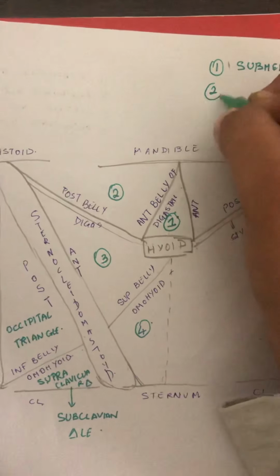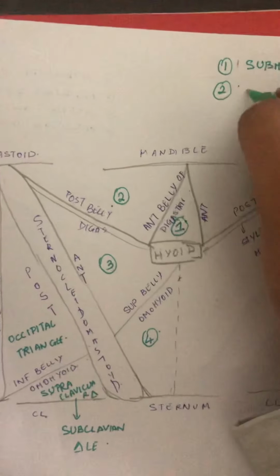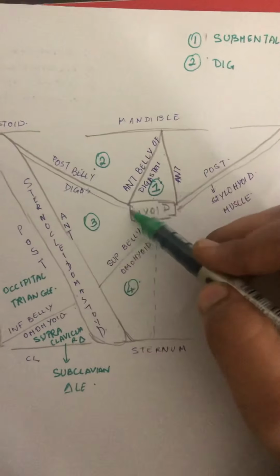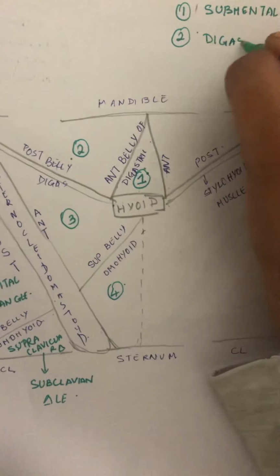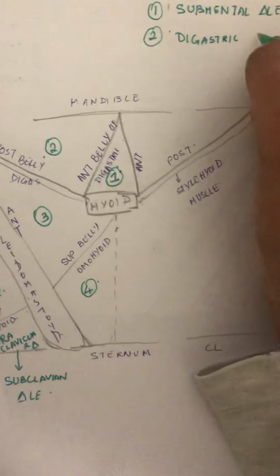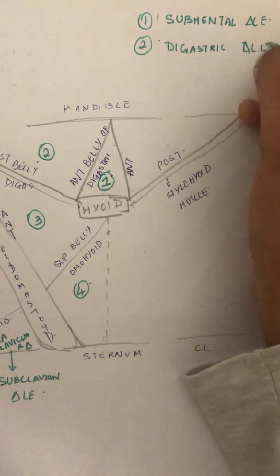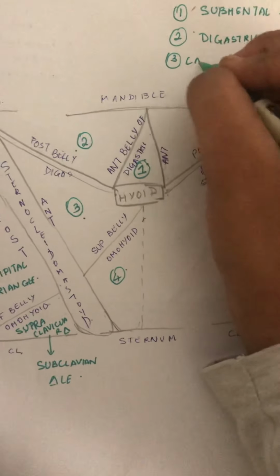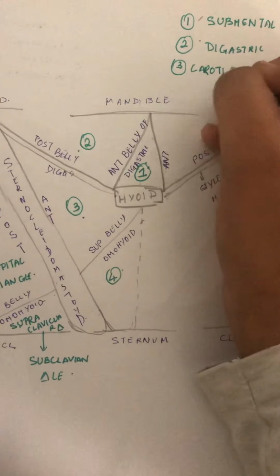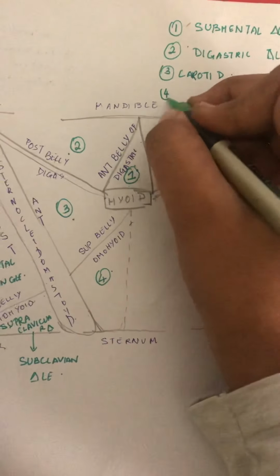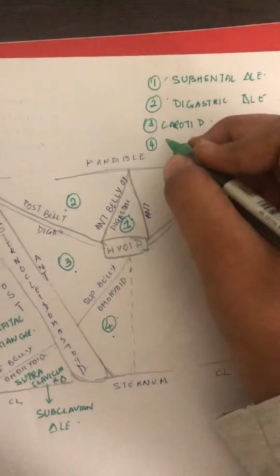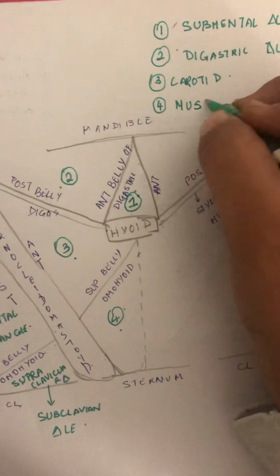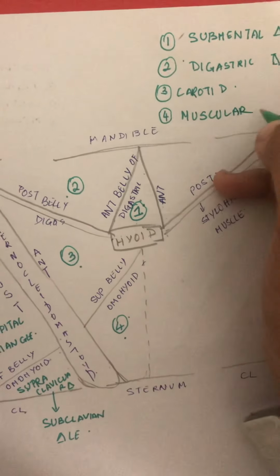The second part is called as digastric triangle because of the presence of digastric muscles. Digastric triangle. The third part is called as carotid triangle. And the fourth one, that is this one, is called as muscular triangle because of the presence of numerous muscles. Muscular triangle.